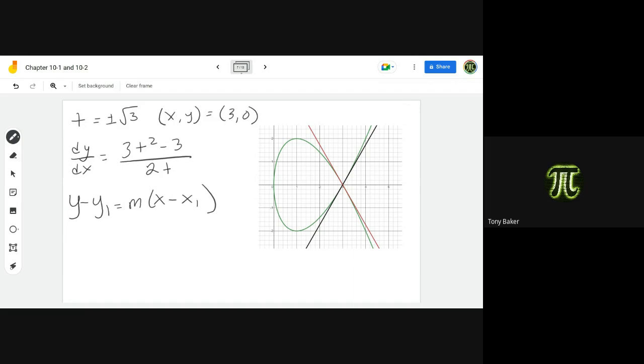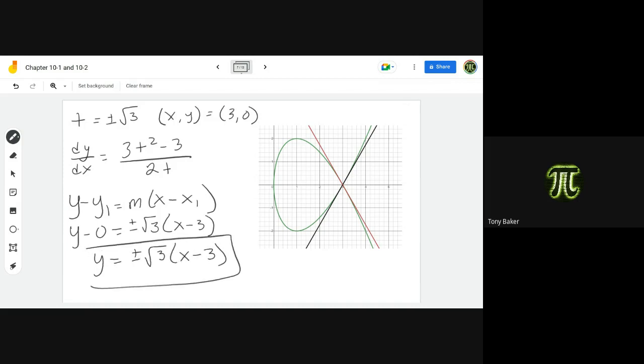Don't make it harder than it has to be. You could do the slope-intercept form, but there's no point to it. So I have y minus 0 equals plus or minus the square root of 3 times x minus 3. So y equals plus or minus the square root of 3 times x minus 3. And there's my two equations. In this one, you can't really do anything with the square root of 3.